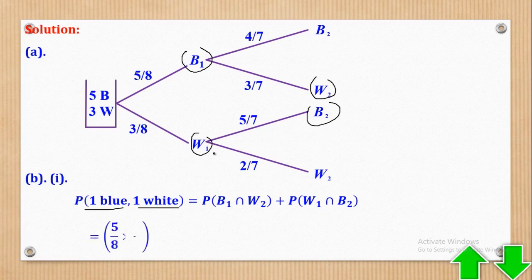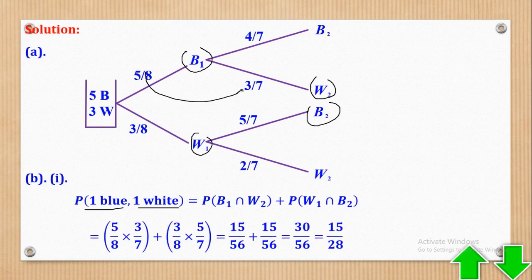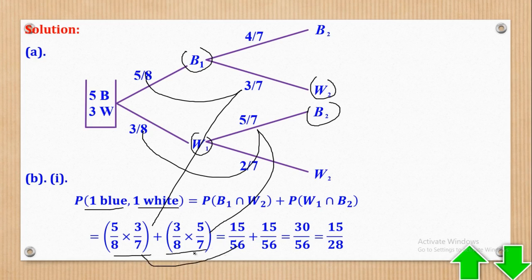So we are going to substitute. For this first one, it will be 5 over 8 times 3 over 7. Then this one is 3 over 8 times 5 over 7. So this bracket gives you this, and this bracket gives you that. Then when I add this and this, I come up with 30 over 56. Reducing it gives me 15 over 28.